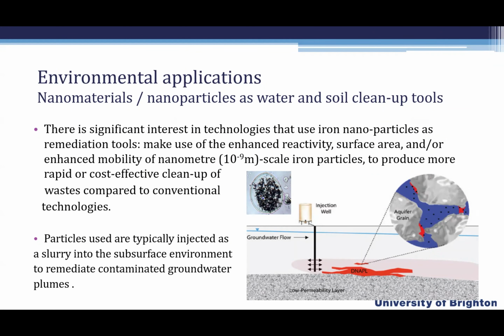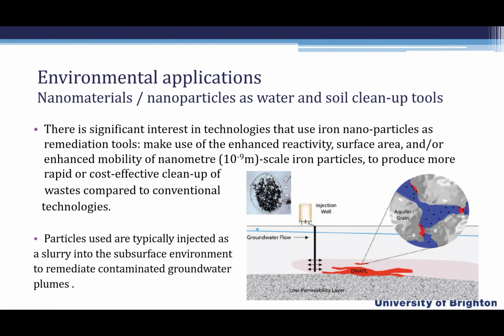So nanoparticles are quite effective for the decontamination of pollutants, but the problem with nanoparticles is we don't know much about toxicology, and we don't know much about how the nanoparticles, when they're released to the environment, where they end up, and what kind of dangers can be presented to the environment.